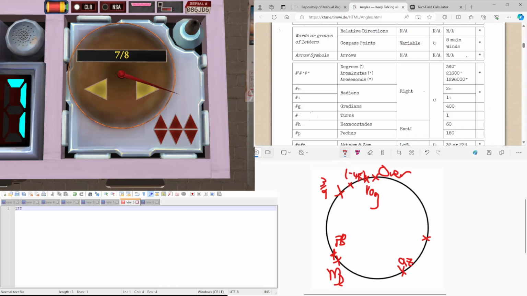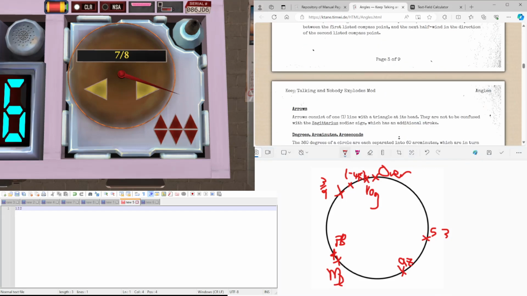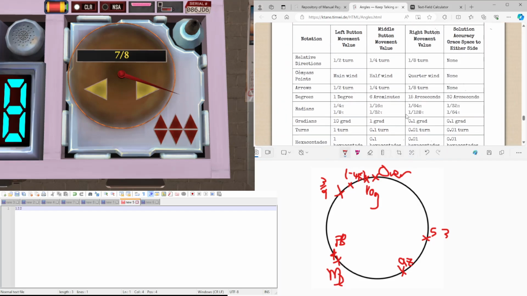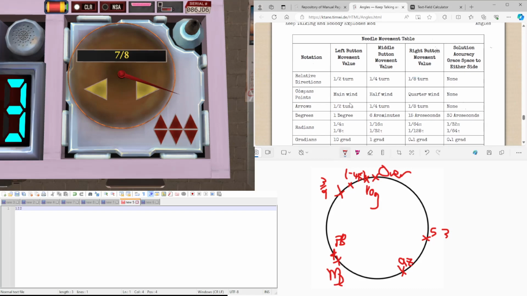Which one is it closer to though? First of all, you should mark this one as the 5-3 one. And I'm going to make the prediction. This is probably where I might get it wrong here. Let me use this again. Okay, thank God it has the 8 turns.